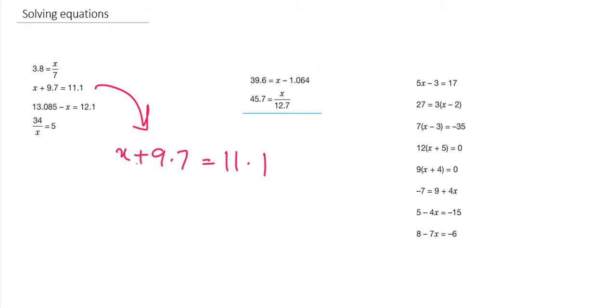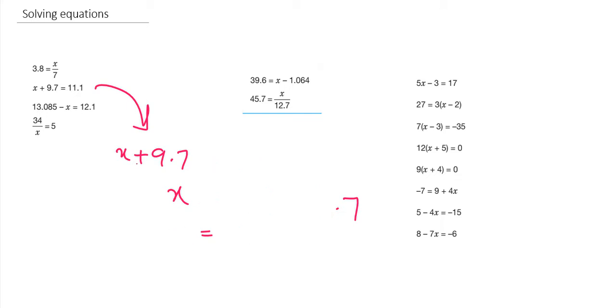You have to move this towards the right side, and what you need to do is change the operation, work on the inverse operation over on the right side. 1.1 minus 9.7. You can see that we have changed the operation. That would be 1.4.